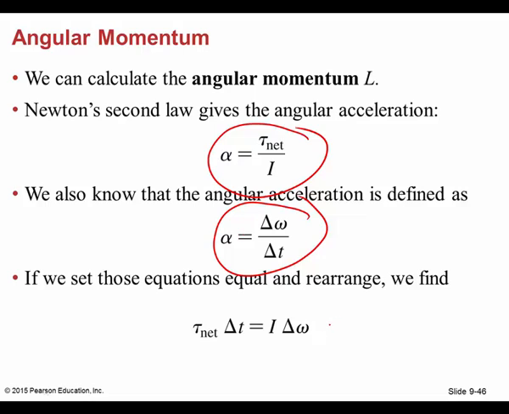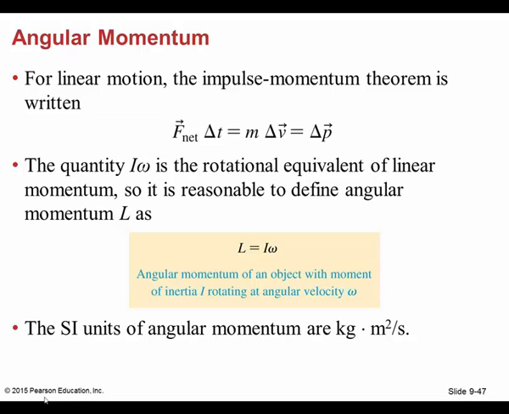So when we put these two equations together and rearrange them, we get angular momentum is equal to the moment of inertia times the angular velocity, okay?